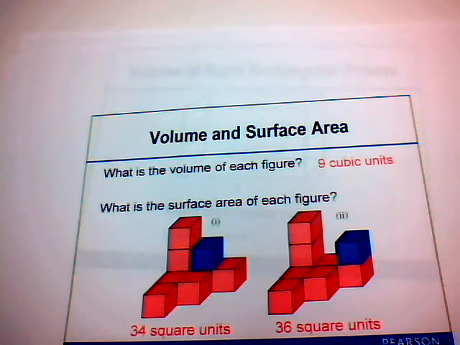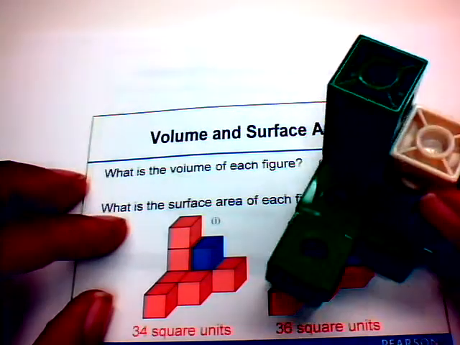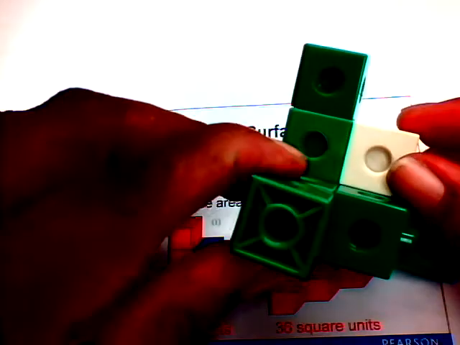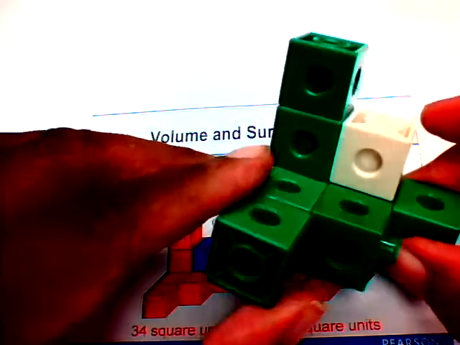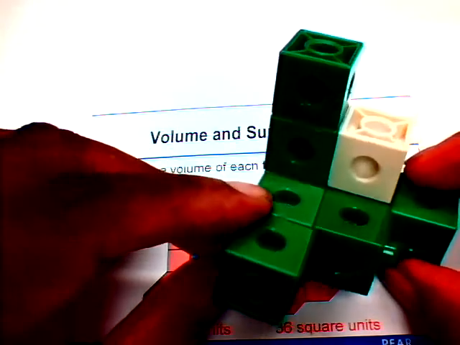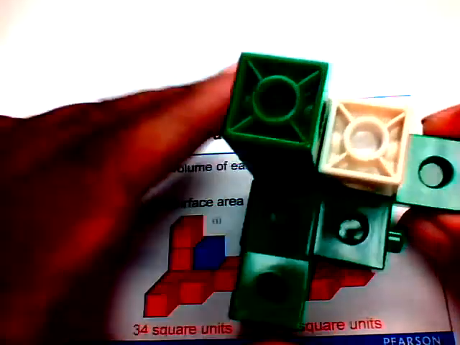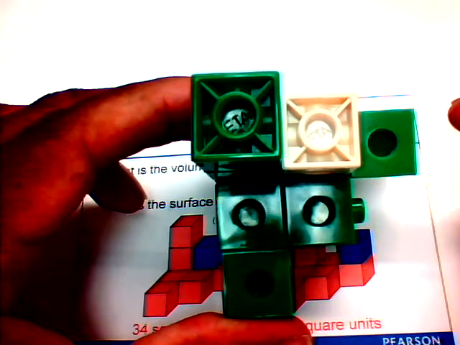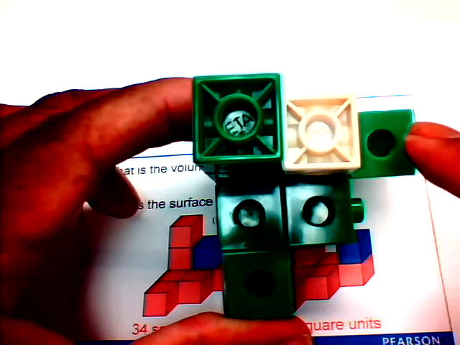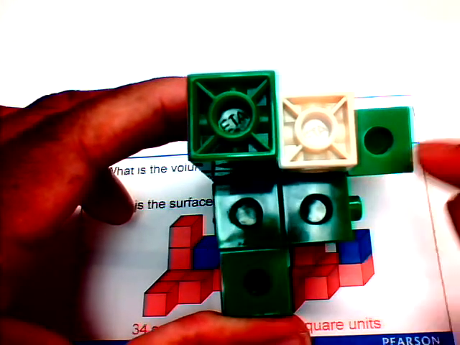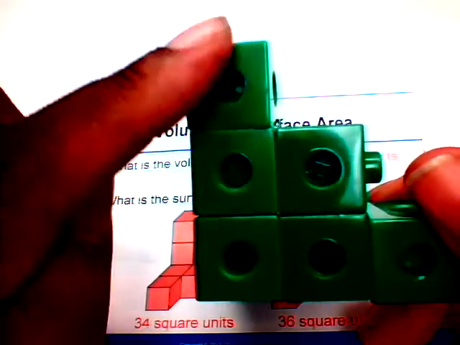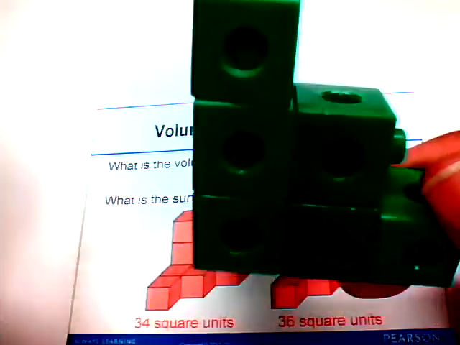Of course, the surface area is just going to be the area on the faces of this particular figure. If we look at just the faces from the top, you see that there's 1, 2, 3, 4, 5, 6. That's on the top, and on the bottom there are 6 more, for a total of 12.